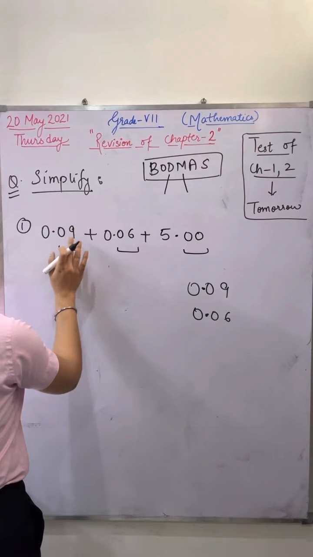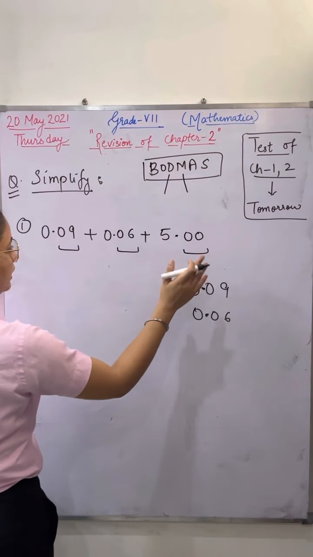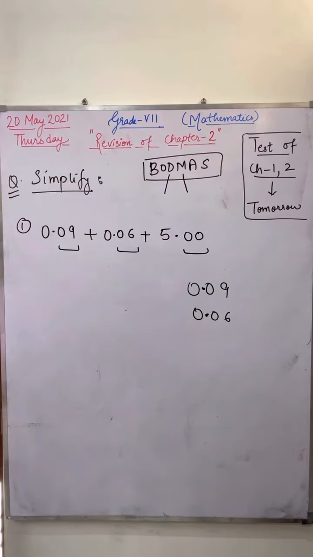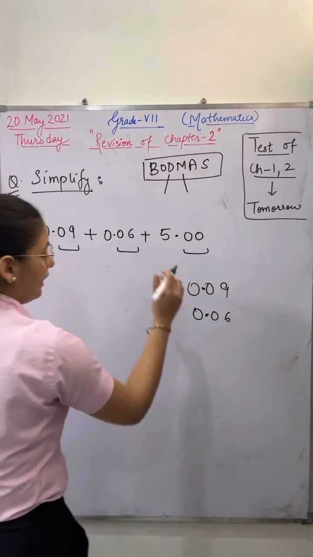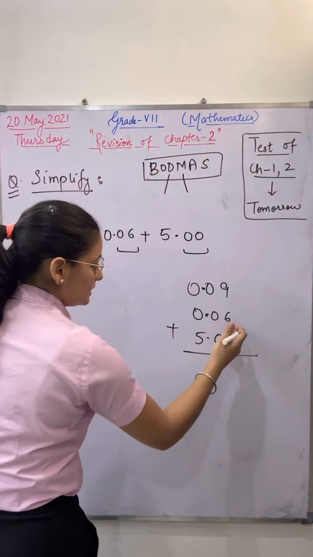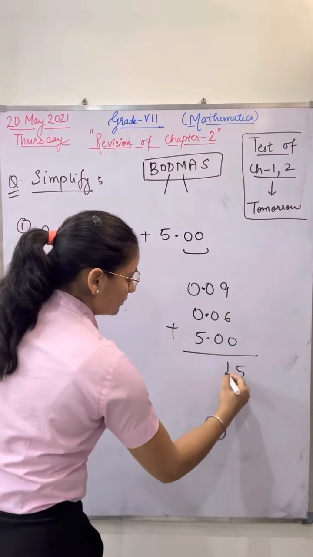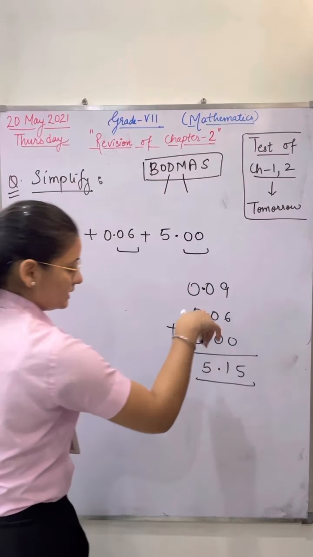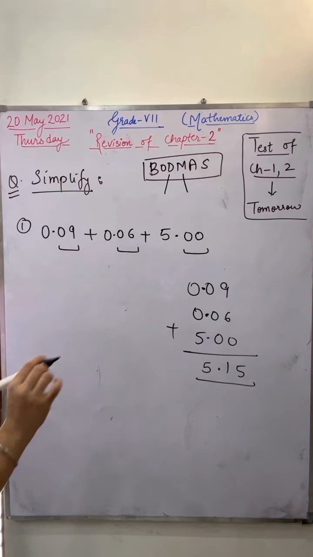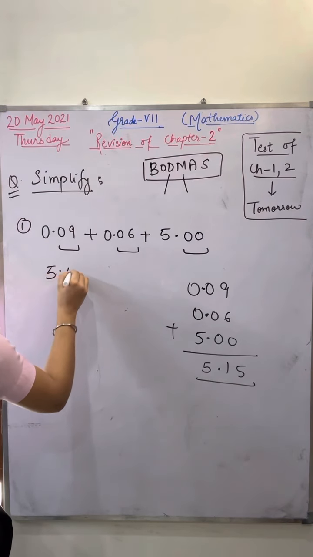After decimal the number of digits should be same. If they are not having any digits, you can put that number of zeros. Now it will be 5.00. Add 6 and 9, 15. Decimal 5 will be as it is. This is your answer. It is very easy. 5.15.